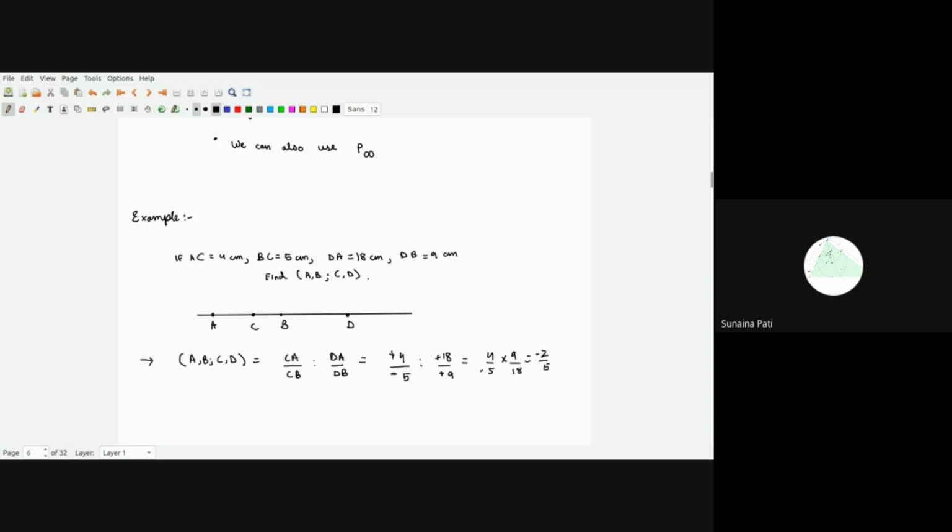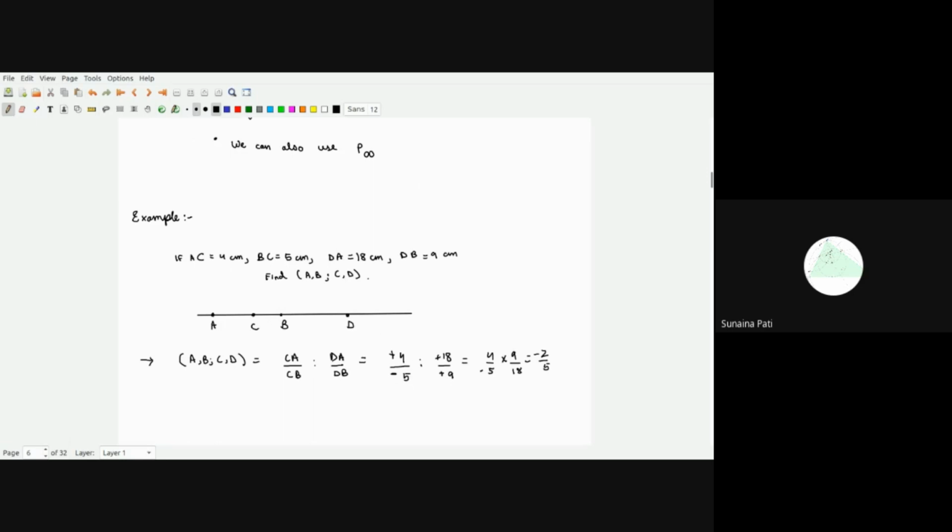So basically, you have CA by CB is to DA by DB. If you assume CA is +4, then CB is in the opposite direction, so we get -5.